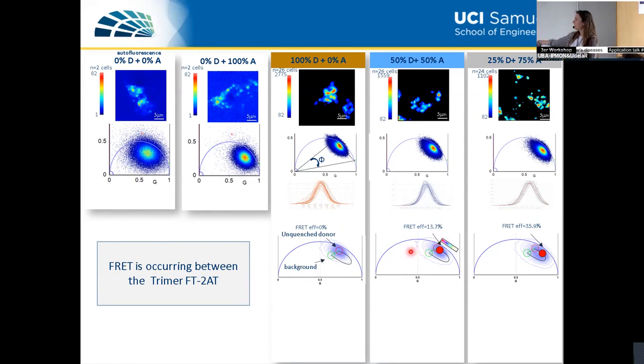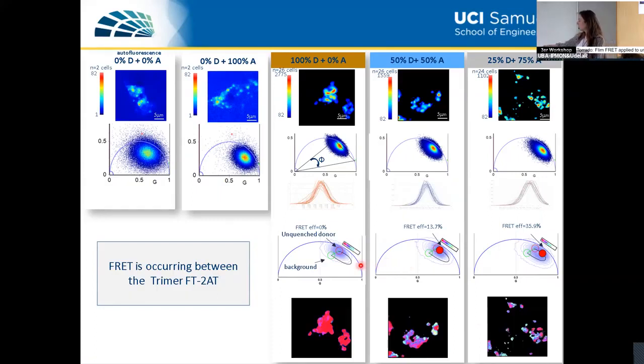Then, as we increase the acceptor, we see that it moves along the trajectory. We color coded the intensity images with this distribution and this scale.